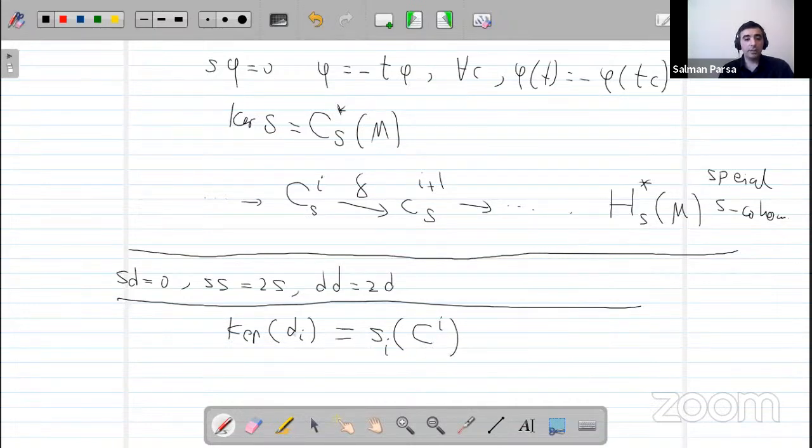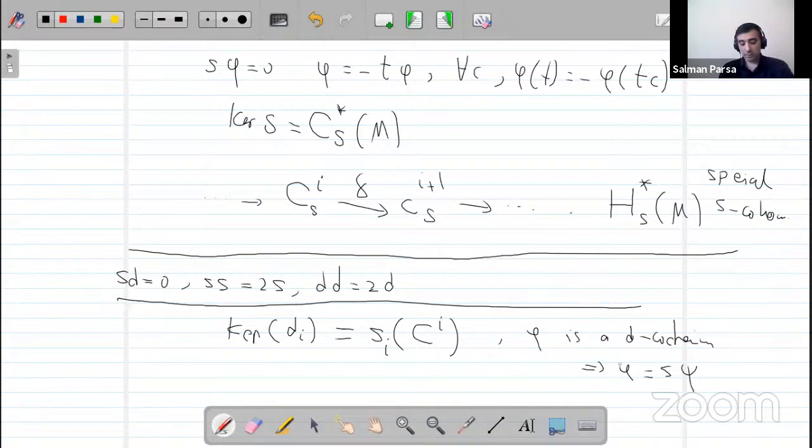So in other words, if phi is a D cochain, you can write it as S of some psi.